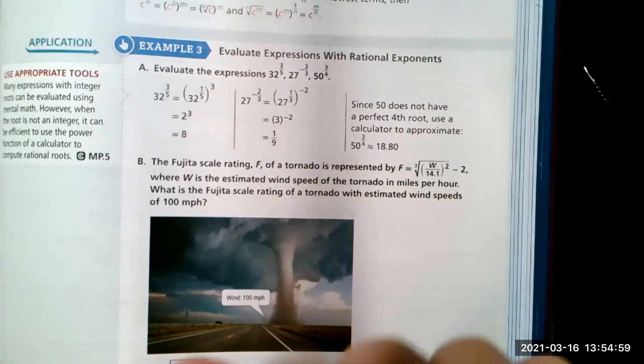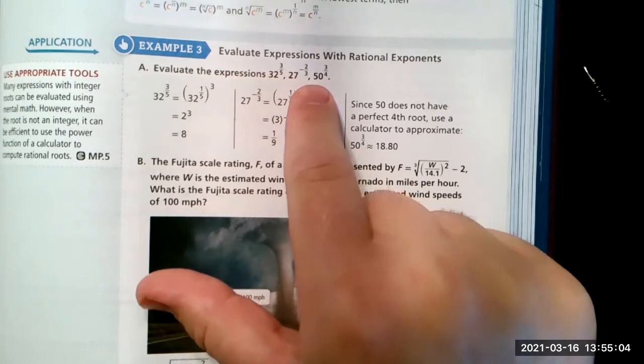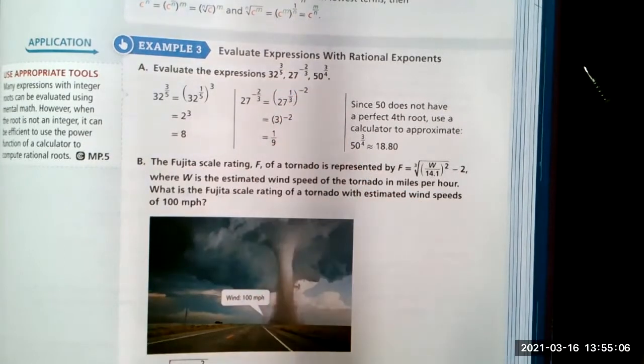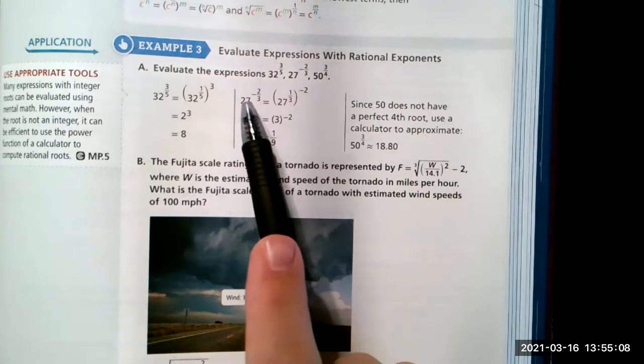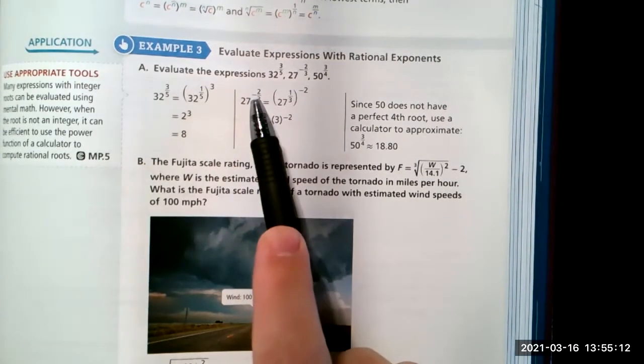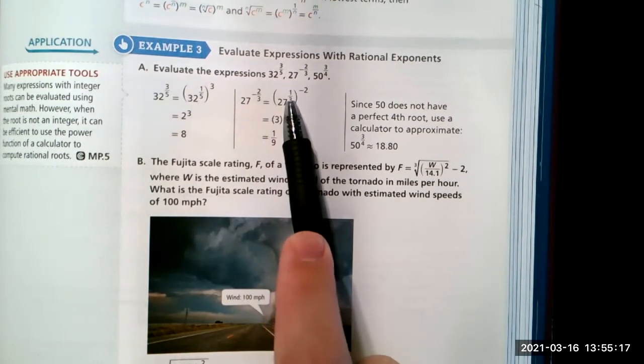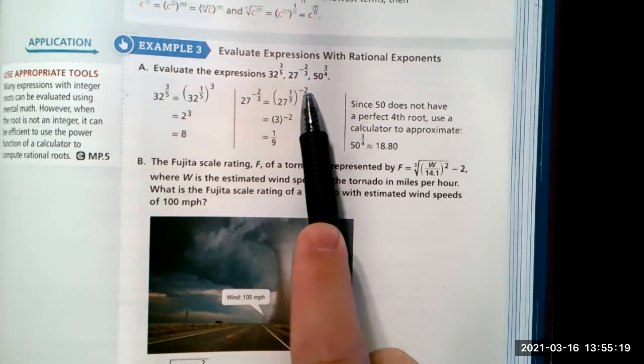Okay. The second example, this is that negative exponent one. So this is good. Again, you can just type this in your calculator, but let me explain what's happening here. So instead of 27 to the negative 2/3 power, we broke that up using that power to a power rule. And we said 27 to the 1/3 to the negative 2nd power.